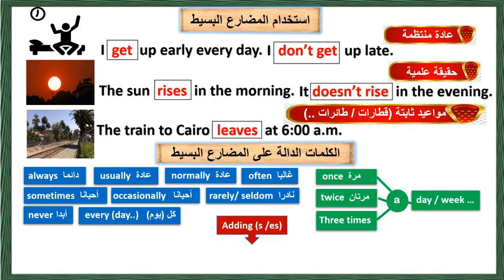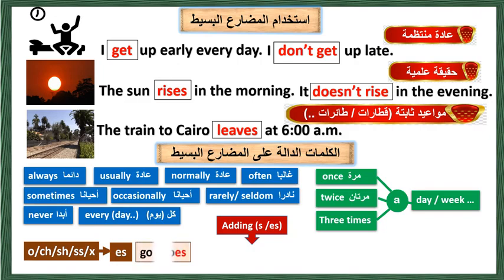Adding s or es. We add es to the verbs that end with o, ch, sh, ss, and x. Example: go, goes.